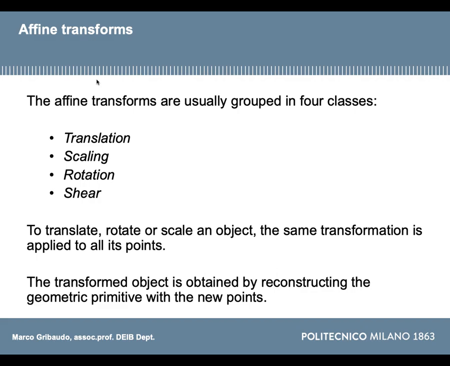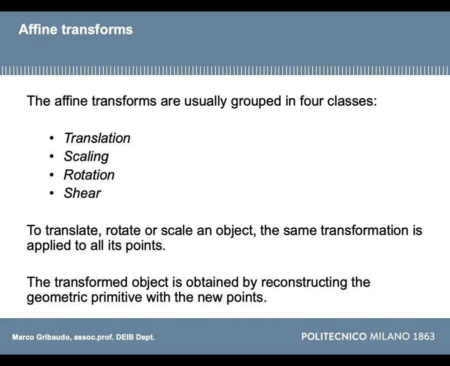Okay, so the affine transformations that can move one object in space are grouped into 4 classes: translation, scaling, rotation, and shear. Okay? And translating, rotating, scaling, or shearing one object means applying the same transformation to all the points.